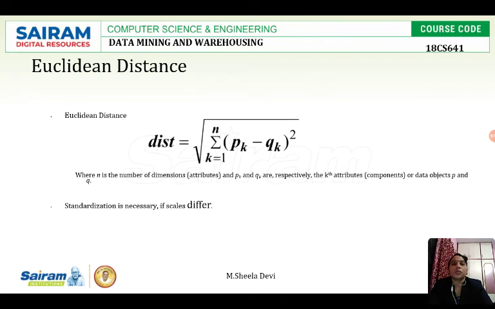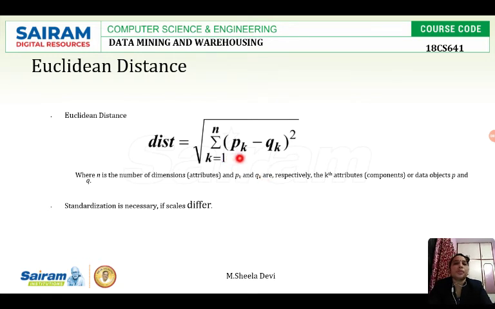So we have to calculate x1 minus x2 plus y1 minus y2 in that case, because we have two attributes called x and y. So k equal to 1 to n, right? Two attributes are there, so 2 times we have to do the summation. I'll explain with the example so that you will come to know.